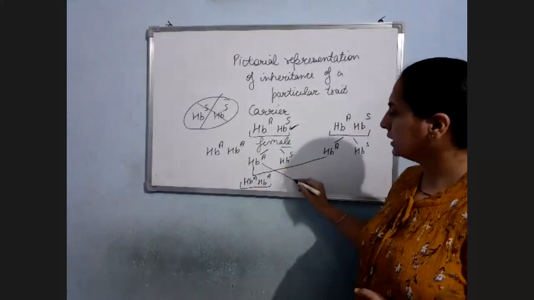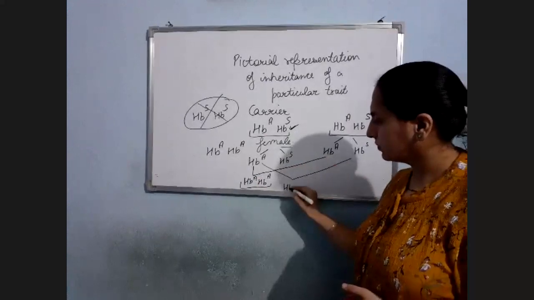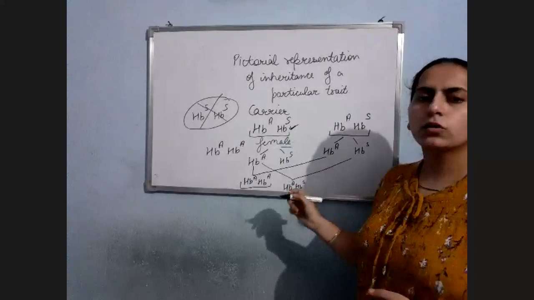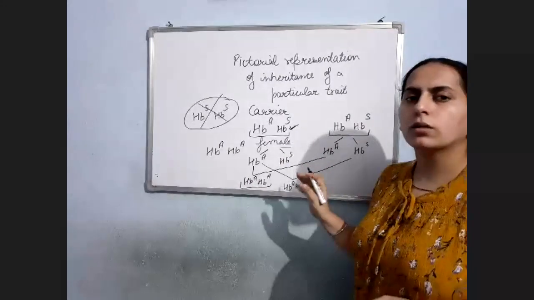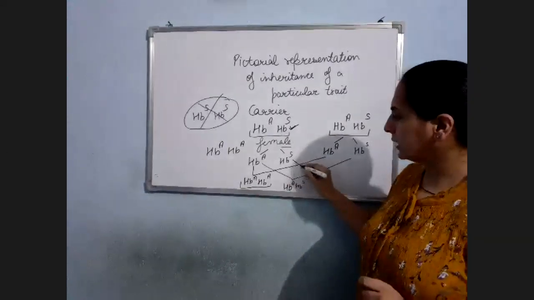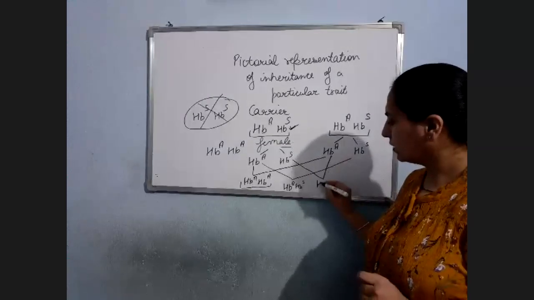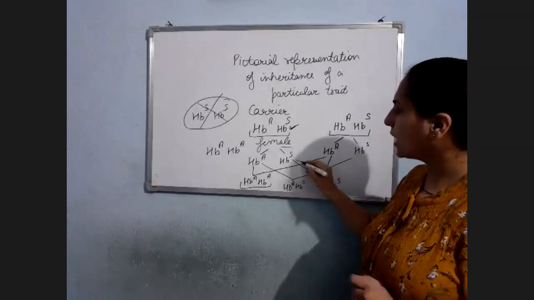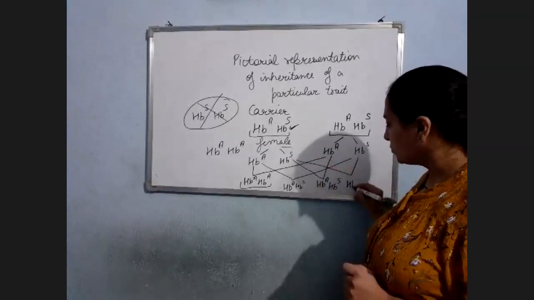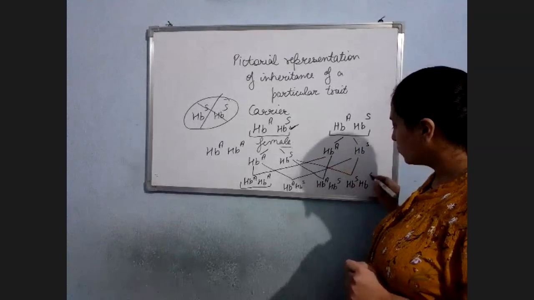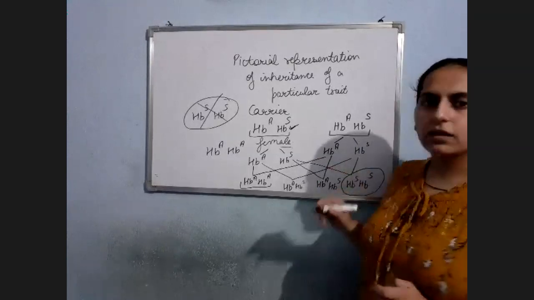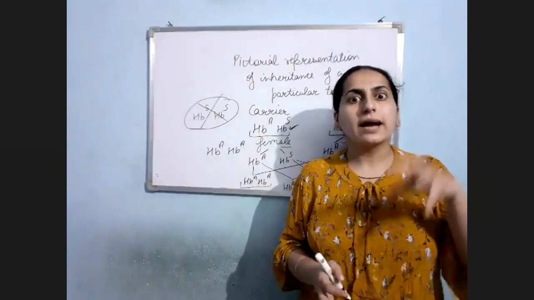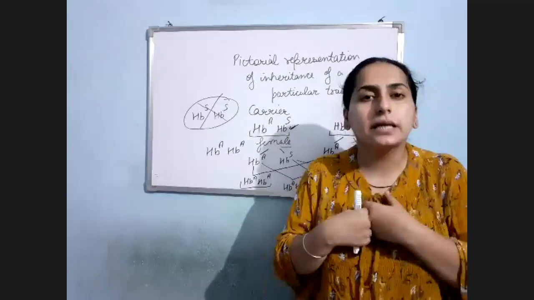Second condition, HBA, HBS. Again the baby produced would be a carrier but will not be having symptoms. Second, HBA, HBS. But the last condition, HBS, HBS. The baby that will result from this kind of fertilization, that baby will be sickle cell anemic.